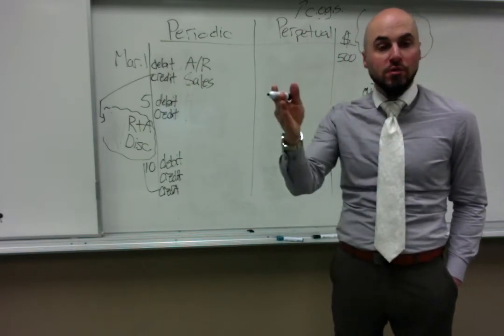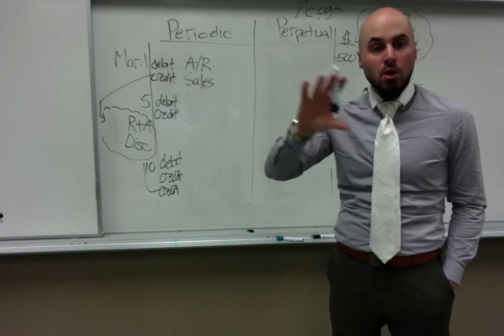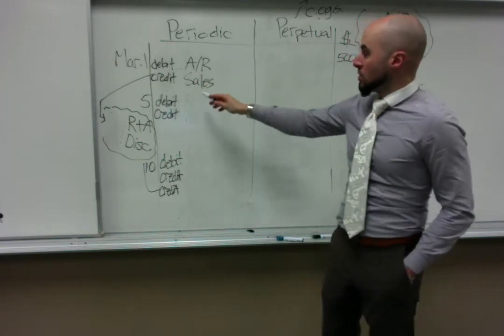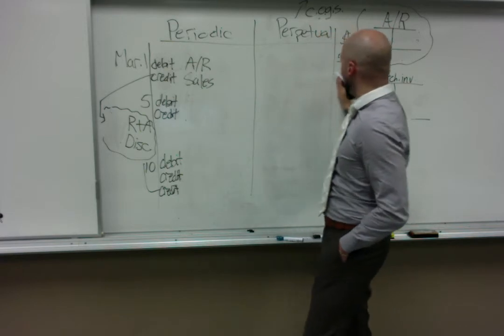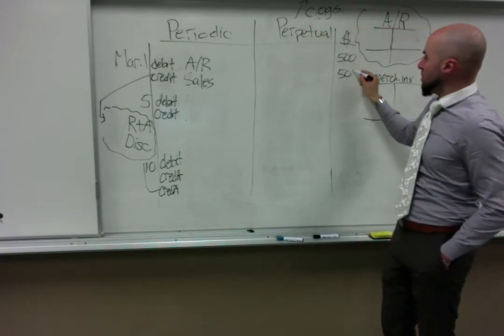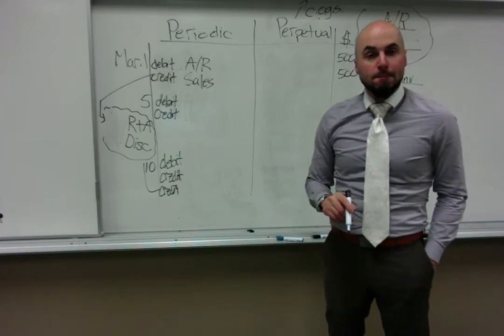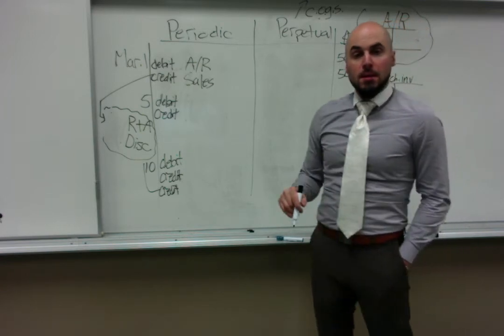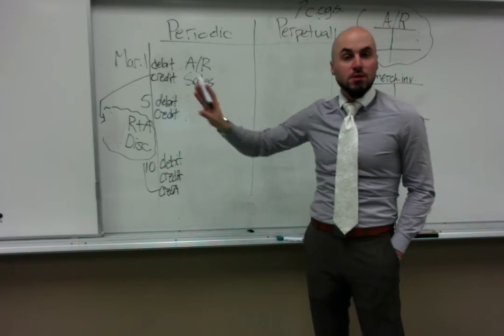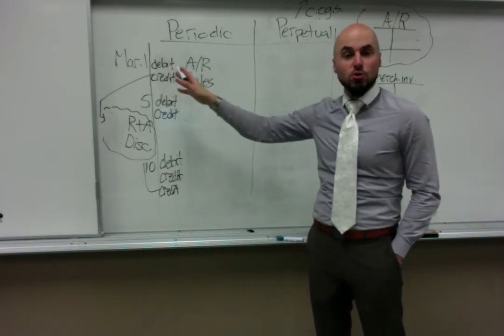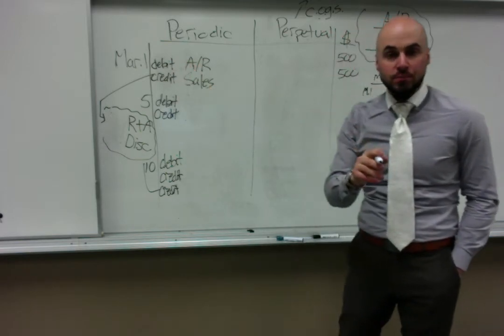Sales, sales revenue, or just revenue alone, all of it means the same thing. So there's your sales credit for the same 500 in the periodic system. Okay? And periodic system, that's all you need to do to journalize the initial sale.